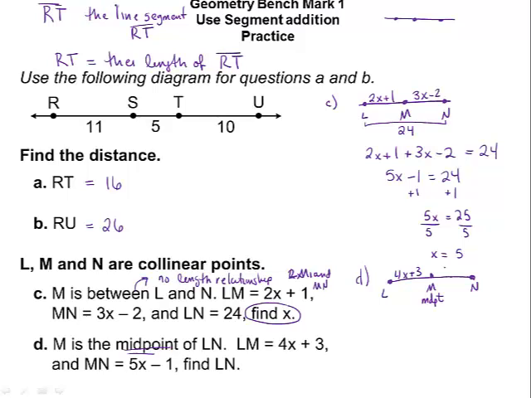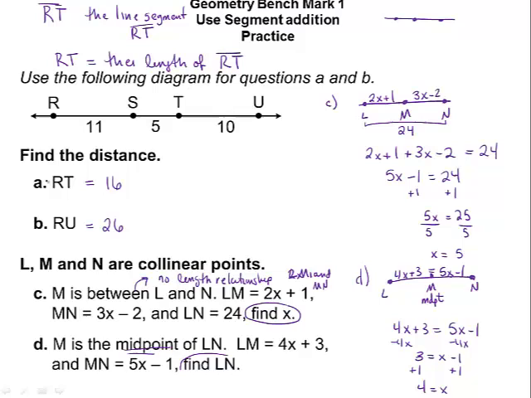And 5x minus 1, those are equal, so I'm going to solve that. I'm going to subtract 4x from both sides. Or you could subtract 5x from both sides, it doesn't matter which. Then I add 1 to both sides, and I get 4 is equal to x.